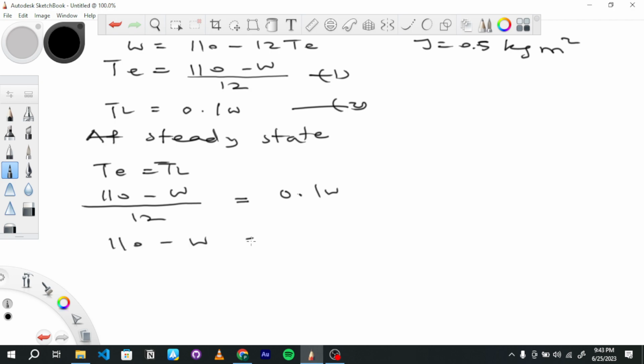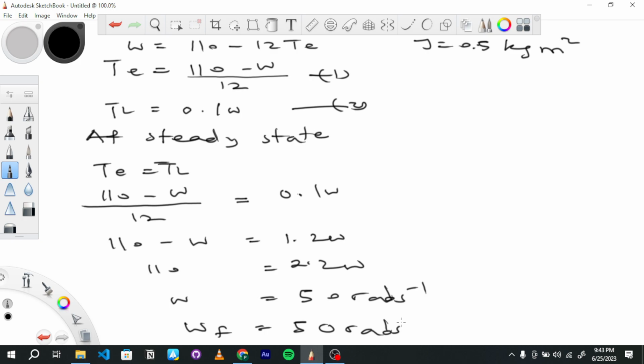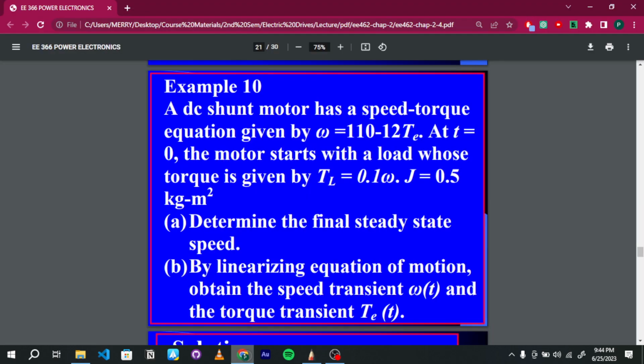This gives 110 minus omega is equal to 12 times 0.1, which is 1.2 omega. So 110 is equal to, the omega comes here and becomes 2.2 omega. Omega is equal to 50 rad per second. So this is the final steady state, so I can write it as omega f, the final steady state speed, is 50 rad per second. First part of the question has been answered.